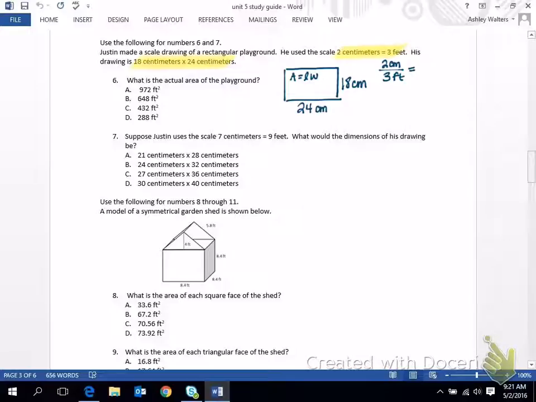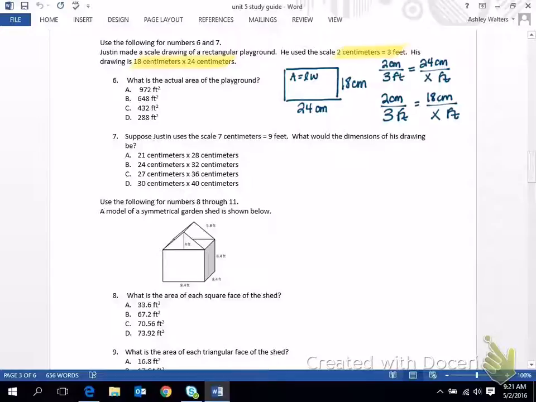So the side that is 24 centimeters will be how many feet? And if 2 centimeters is 3 feet, then the side with 18 centimeters will be how many feet?